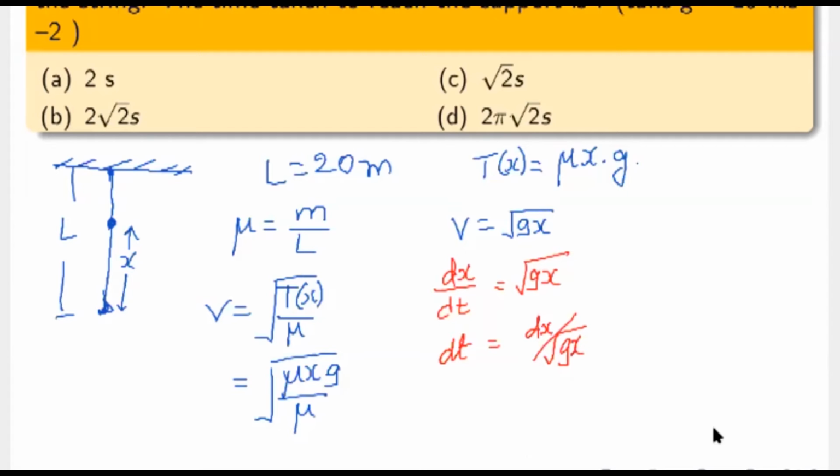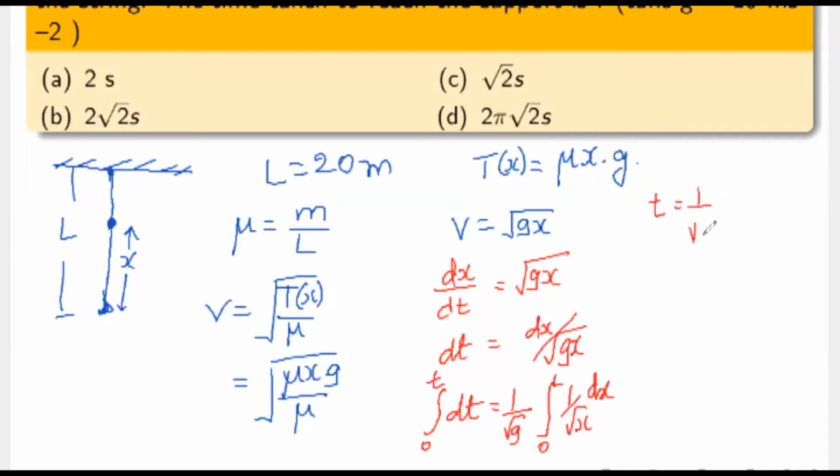I shall integrate this to get the total time for the travel of the pulse from 0 to L. Integral 0 to t of dt is equal to, g is a constant, so 1 over root g into integral 0 to L of 1 over root x dx. So the integral on the left hand side gives me the total time t.